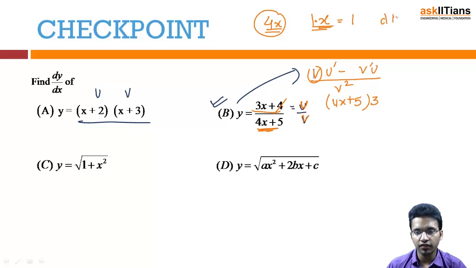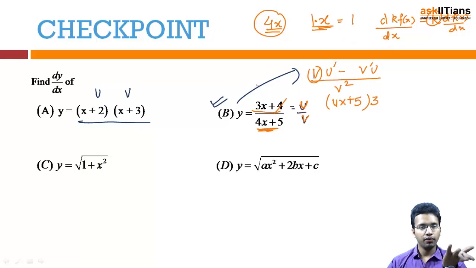So k times d of f(x) by dx is equivalent to k times d of f(x) by dx, provided k is constant. If k is not constant, we will follow the product rule, but if k is constant, we can just take the constant out. So minus, now we have to differentiate this, 4 into 3x plus 4.